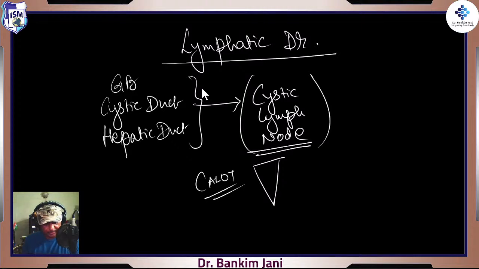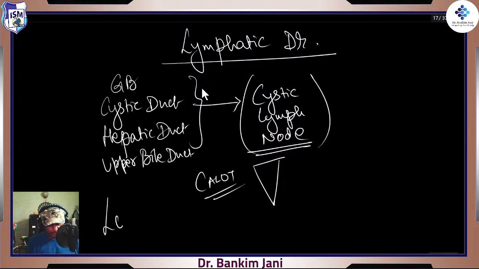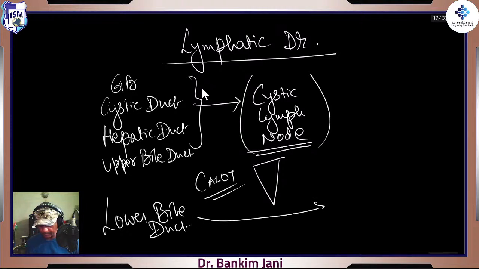Also one thing, for the bile duct, the upper part is also into this cystic lymph node. And for the lower part, the lower bile duct, it is into the pancreaticosplenic nodes, right?